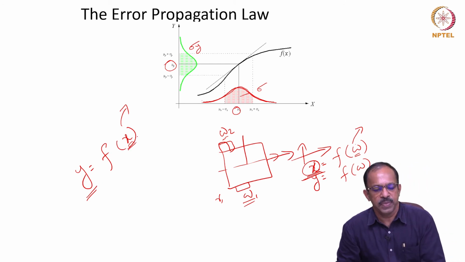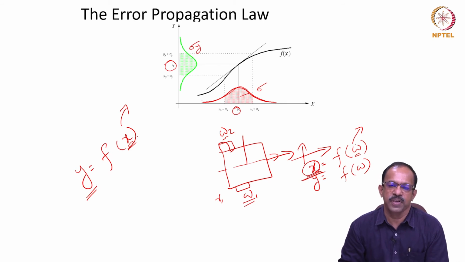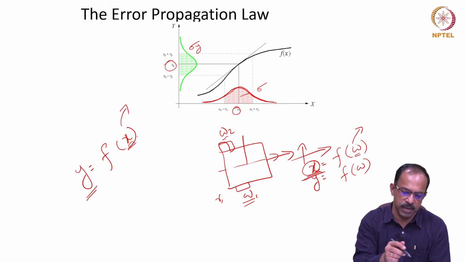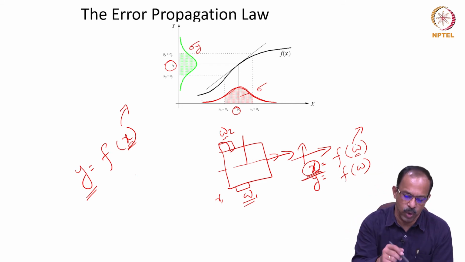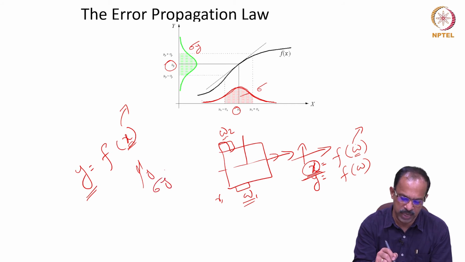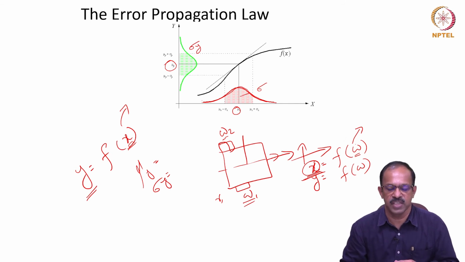So, this is known as the error propagation model, and we need a relationship between mu y and mu x, or we need to know how I can estimate mu y or sigma y. The sigma y is important because it shows how much error there will be, the variation in the error.